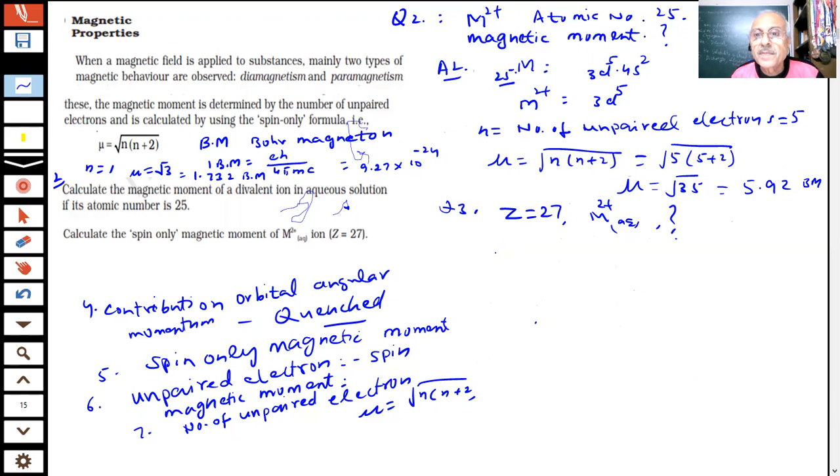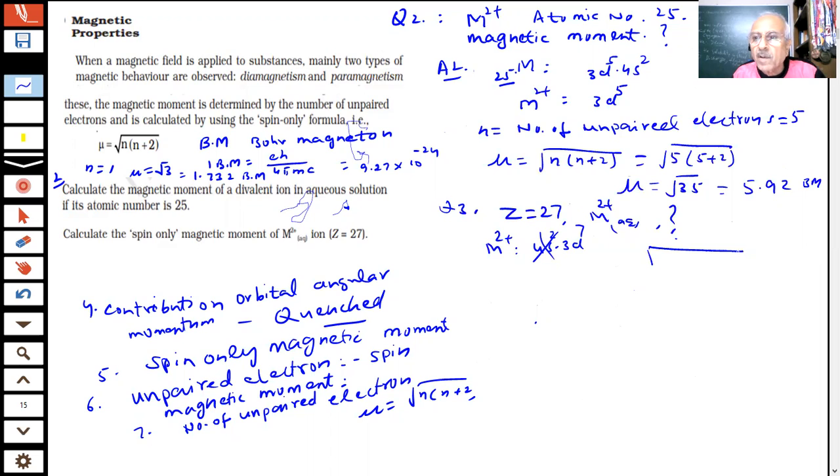It would be 3.87. What is the configuration of Co2+? 4s2 3d7. Then Co2+ means 2 gone, 3d7. Then it will have 3 unpaired electrons.